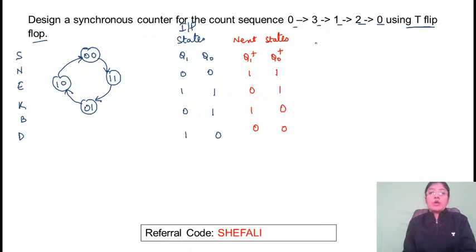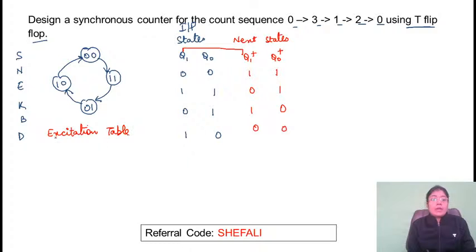Now on the basis of this, we have to use the excitation table of T. So you will consider Q1 or Q1 plus, because in the excitation table we need the previous output and the next output. In the excitation table, as input we are having the current output and the next output.